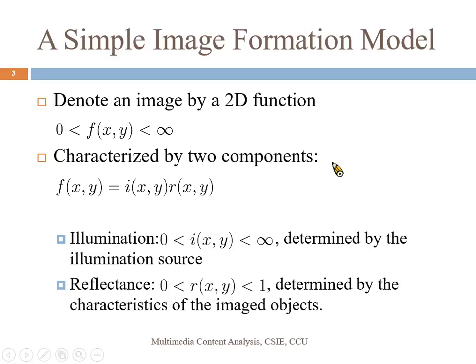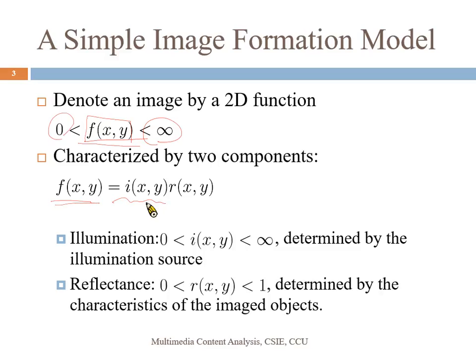Based on the imaging system mentioned above, we can represent an image by a 2D function. For each image sensor, the perceived intensity may be from 0 to infinity, and the intensity value of the pixel located at x, y is denoted by f(x,y). The perceived intensity value can be characterized by two components.